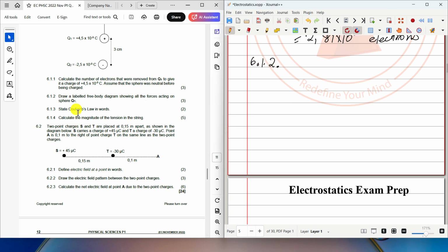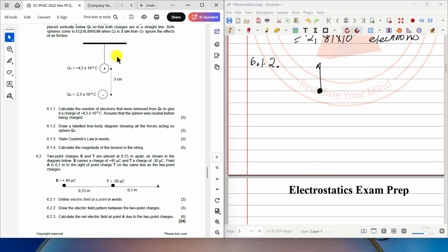Now let's go. 6.1.2. Draw a labeled free body diagram showing all the forces acting on Q1. So this is the Q1 free body diagram. Remember, it has what we call tension, which is the force from the string.